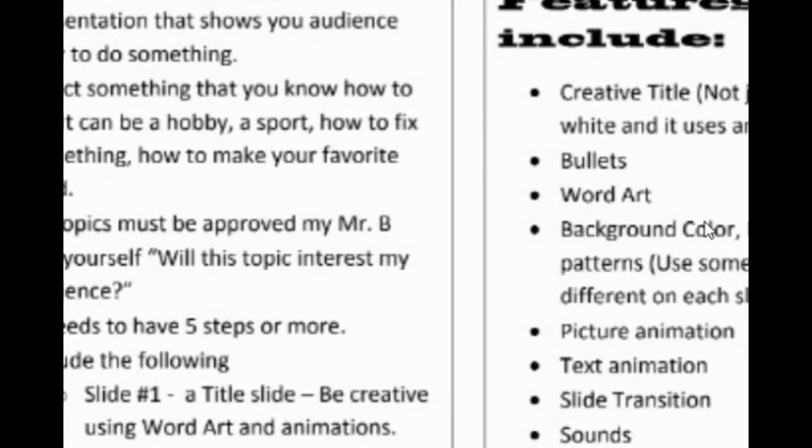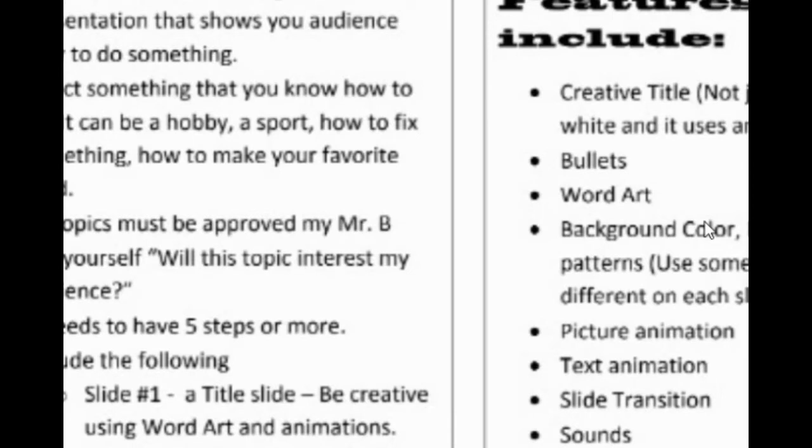Background colors and pictures. I'll show you how to add some different types of backgrounds. Also, pictures. You want to include pictures pretty much on every slide. You should have some kind of picture, whether it's a background picture or individual pictures of certain things. One way or another, I would like to see some pictures.